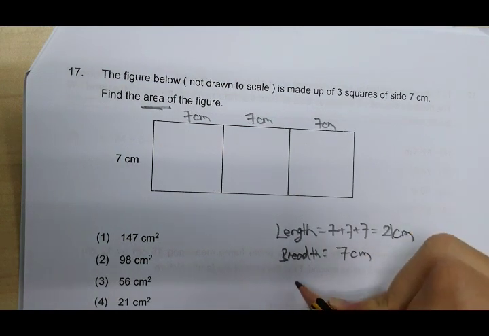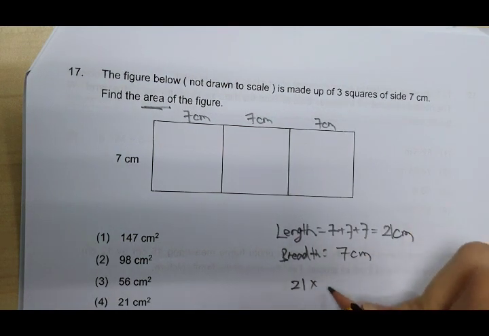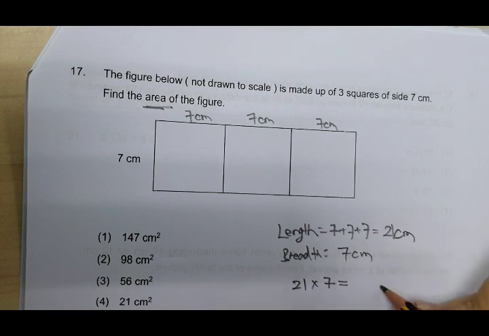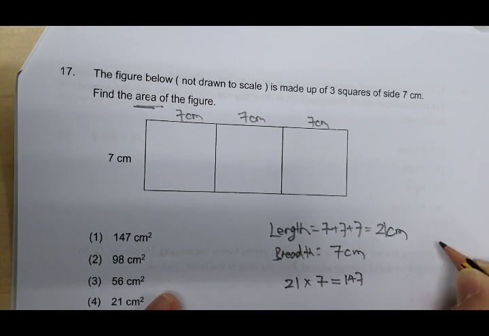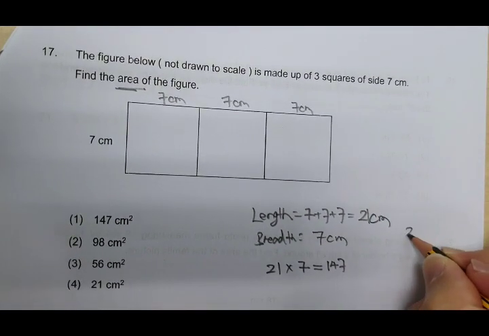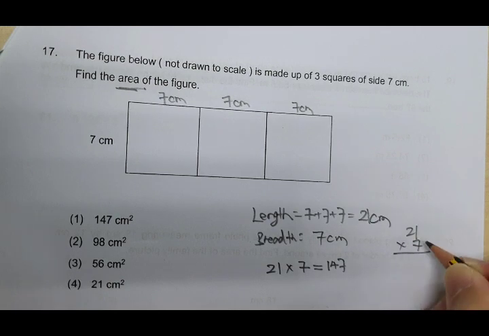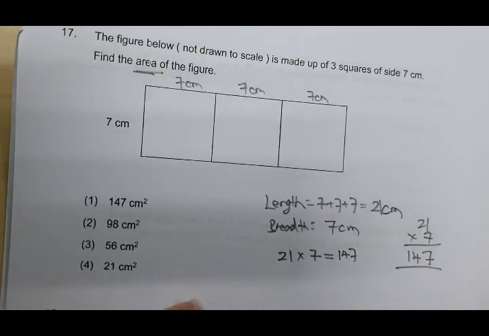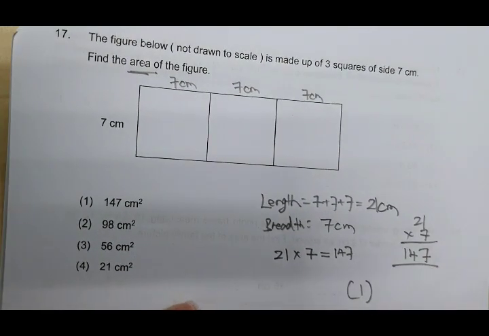So area is length times breadth, 21 multiplied by 7, and we have 147. Alright, let's do the working here to check. 21 multiplied by 7, 2 times 7 is 14, so we have 147. Answer is number 1, confirmed.